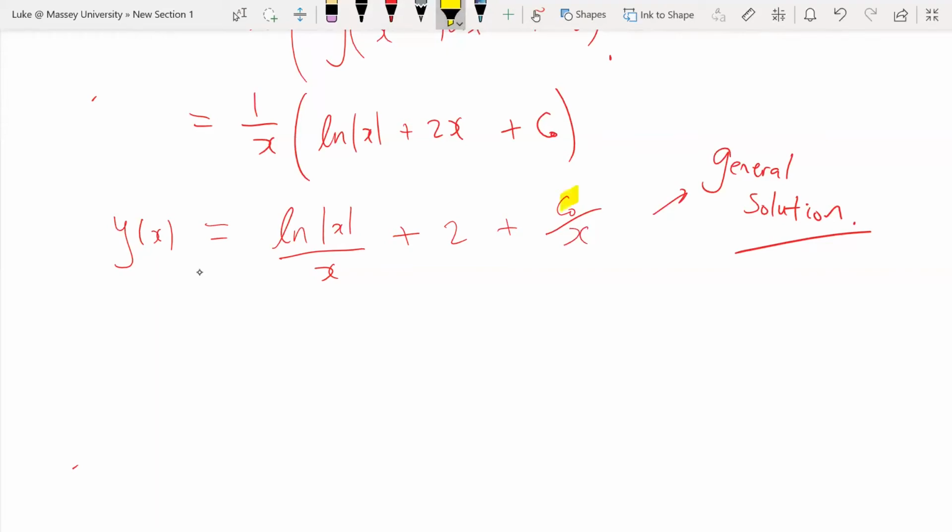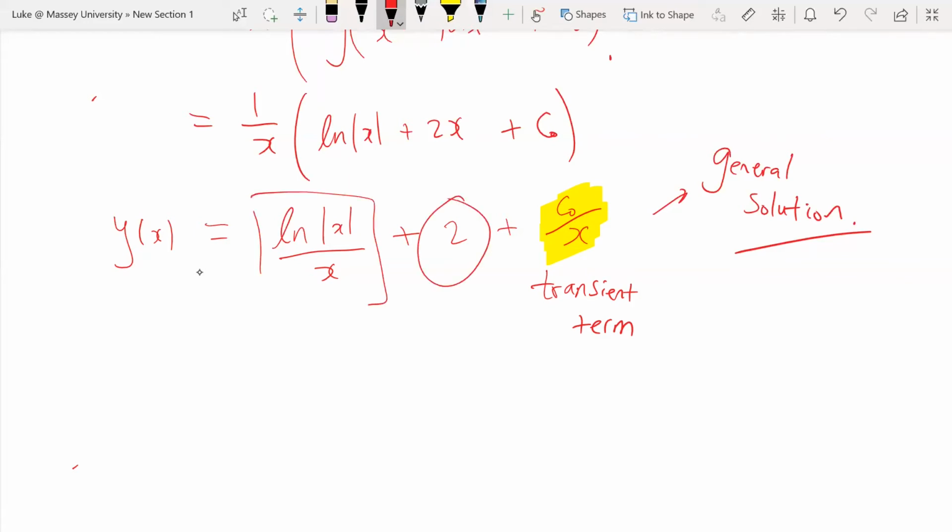Sorry about that. So this term here is clearly a transient term, because c naught is a constant. So c naught, a constant, divided by x, as x gets really, really large, that term is going to go to 0. 2 is a constant, so that is not a transient term.